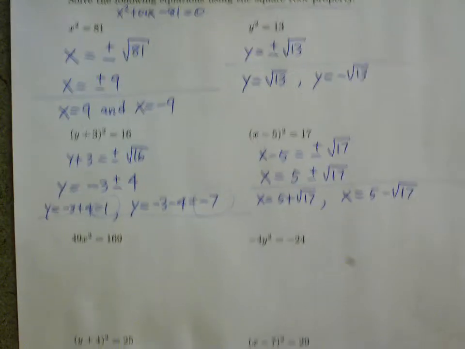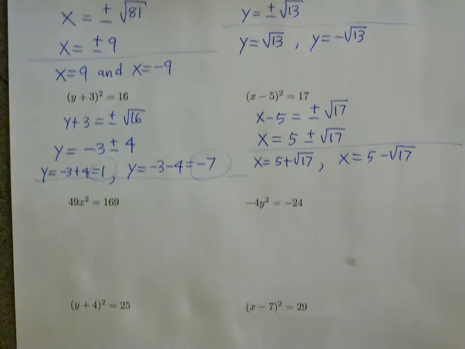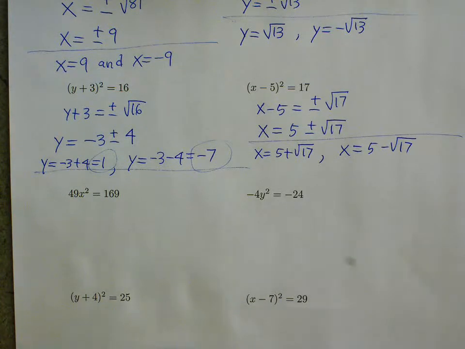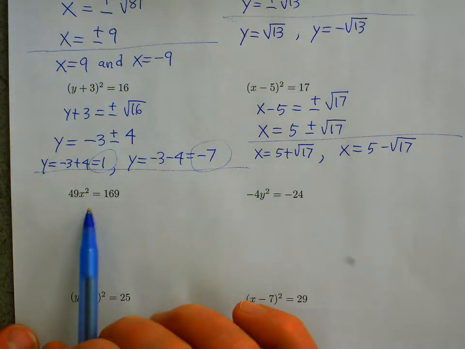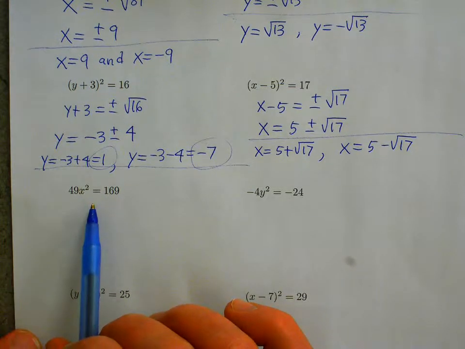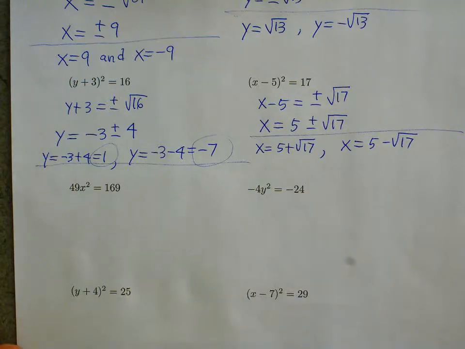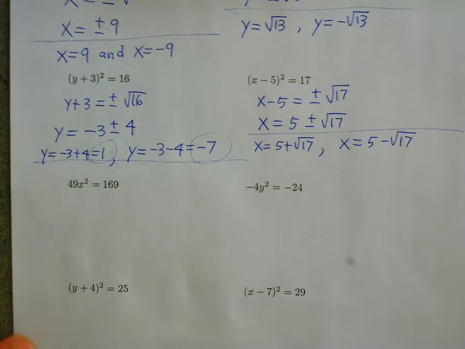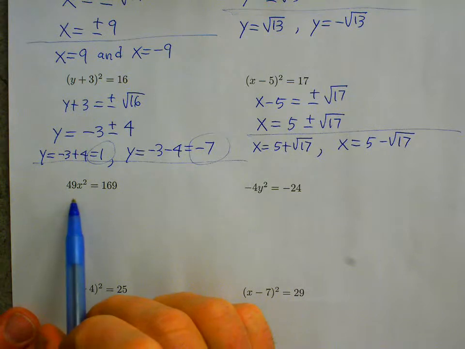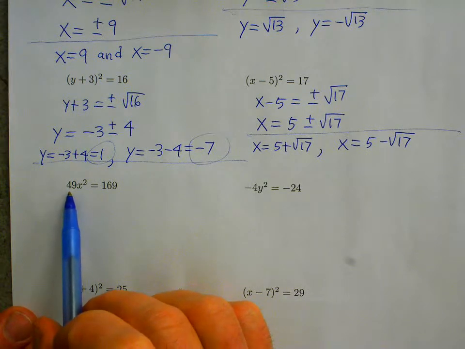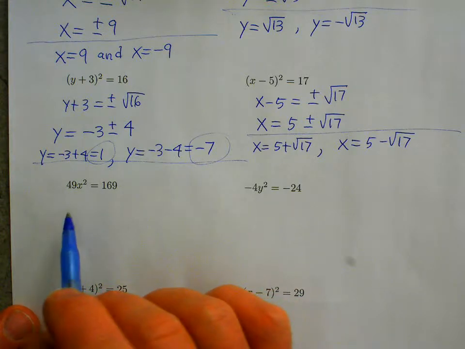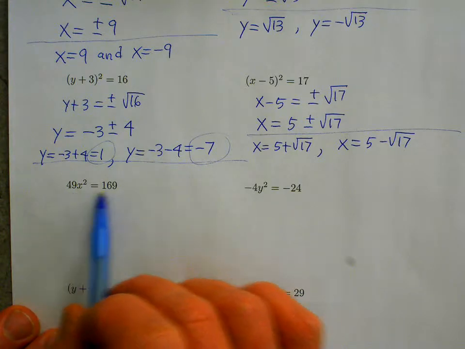Okay, the next example, 49x to the second equals 169. We can go about this in a couple of ways. Since 49 is a perfect square, we could just apply the square root property to this.